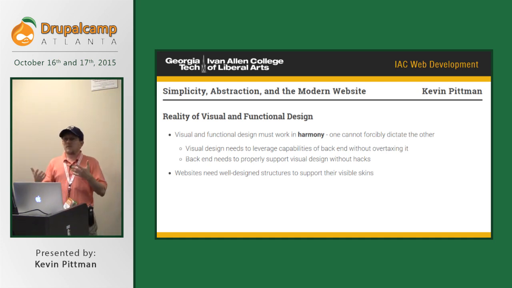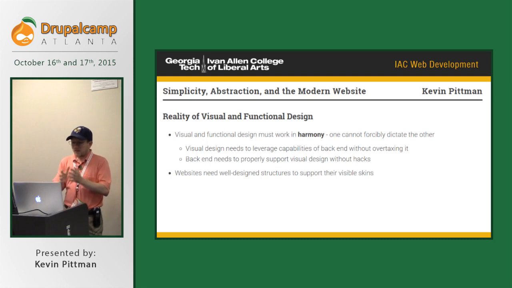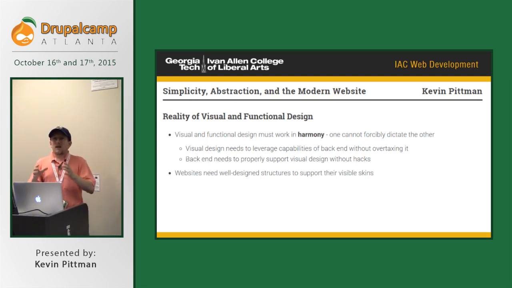So I came up with this concept, this idea that I try to tell people that visual and functional design are two components that have to work together in harmony. You can't let one drive the other and dictate what the other's going to do. So as you're thinking through the visual design of the site, you always need to be thinking about what's going to support that. What can you use within your content management system?